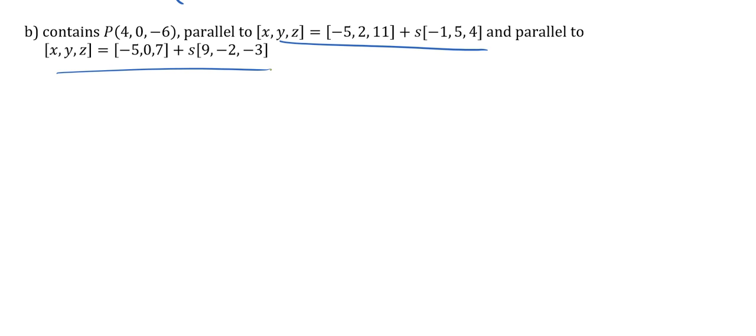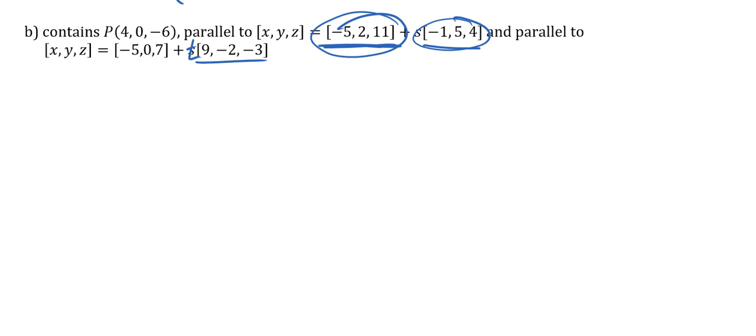Well, the direction vector in each of these, this should probably be a t. They're not the same s. The direction vector isn't necessarily on that line, but it's parallel to that line. It's the direction vector of that line. Remember, you could think of these lines as starting at this point and then using the direction vector to find other points from there.